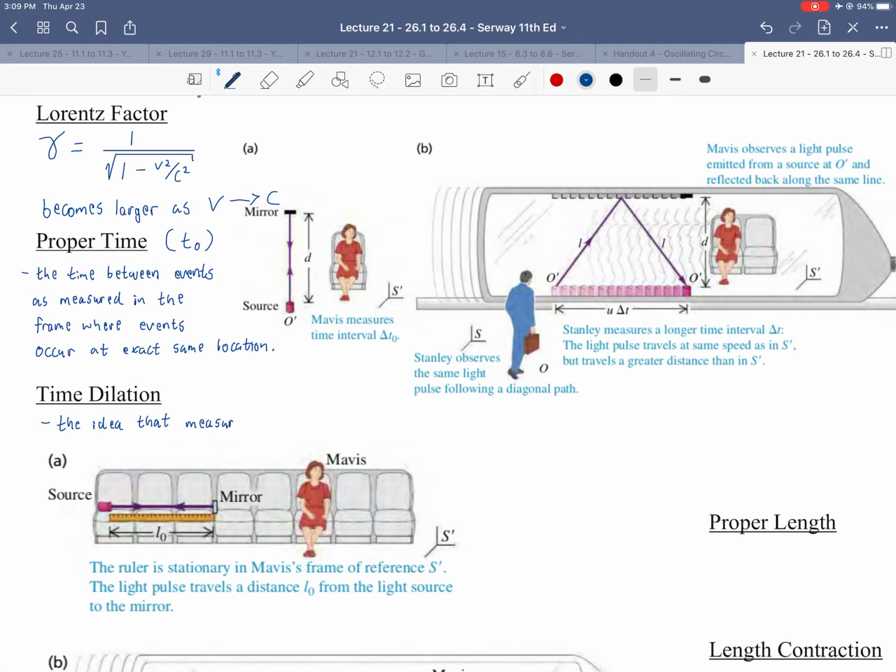So it's the idea that measured time in any reference frame other than the one that measured proper time will be longer.